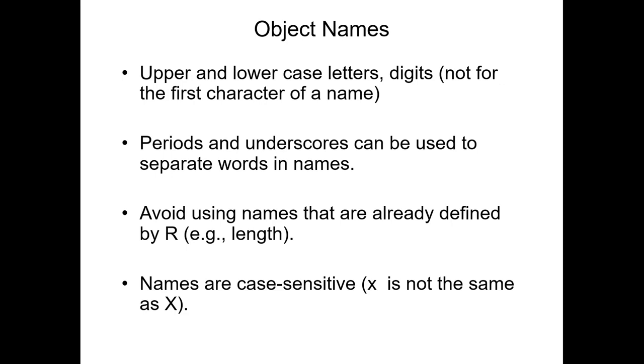So that can be confusing. You'll get error messages saying something like, can't find this object. It's usually because you did something wrong. You either didn't load it correctly, or you created an object name that has a different case.